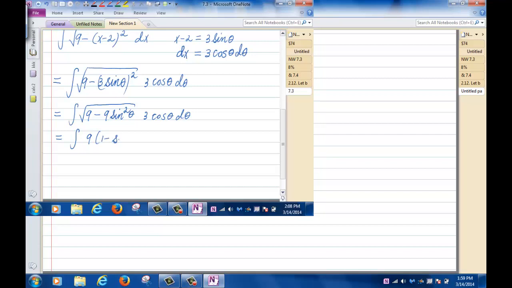We get 1 minus sine squared. If you can skip some of these steps in your solution, that'll be okay. But just make sure that you don't make a mistake, though.